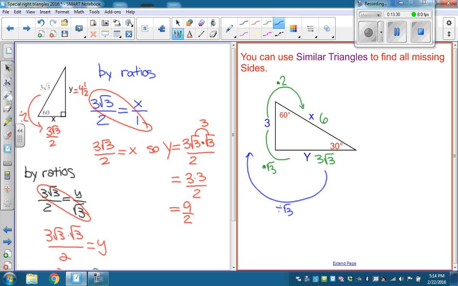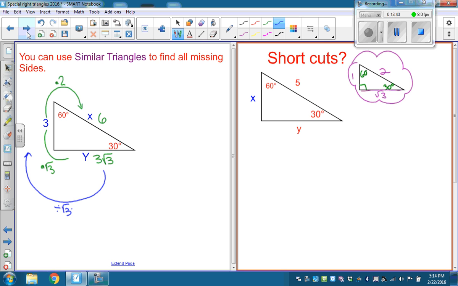So you would take the long leg and divide by the square root of 3 and get the short leg. And if we practice that, to get to here, this is just 5 halves, because I'm dividing by 2. And then I'm going to multiply by the square root of 3. So this is 5 root 3 over 2.